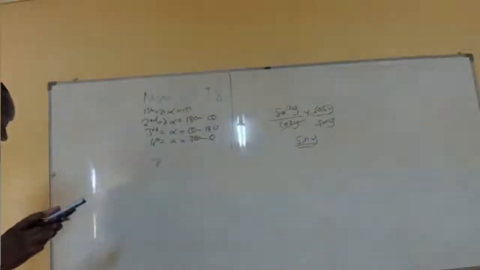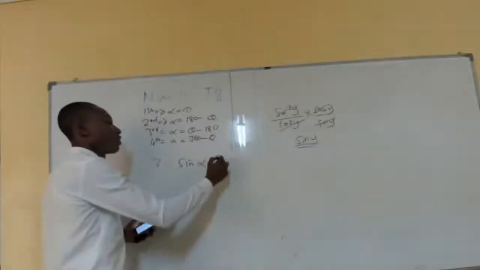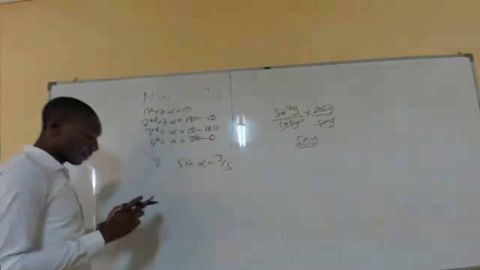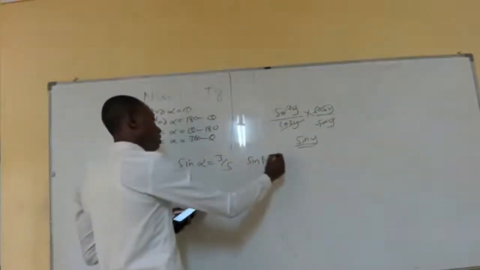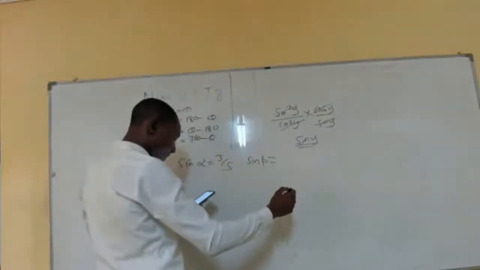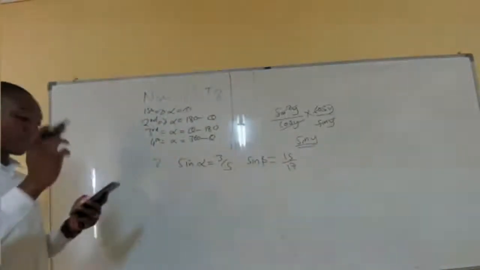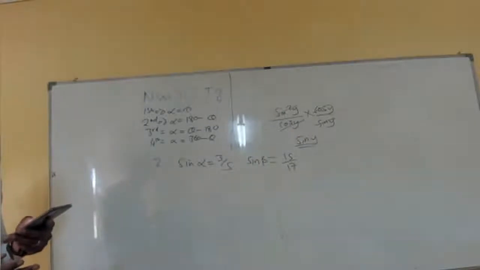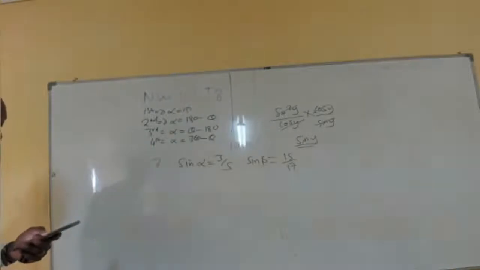Okay, so question 8, given that sine alpha is equal to 3 over 5, and sine beta is something over 17, with beta in the second quadrant.